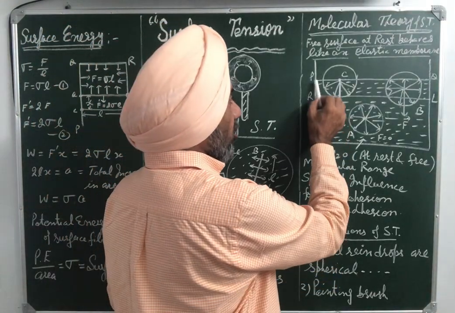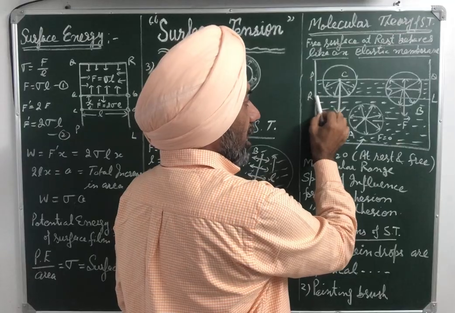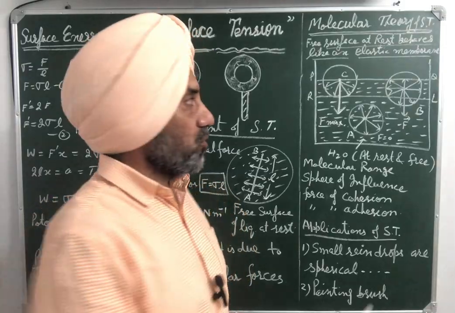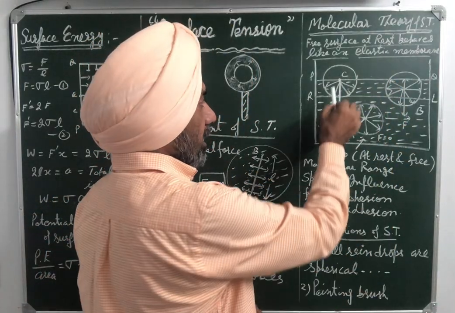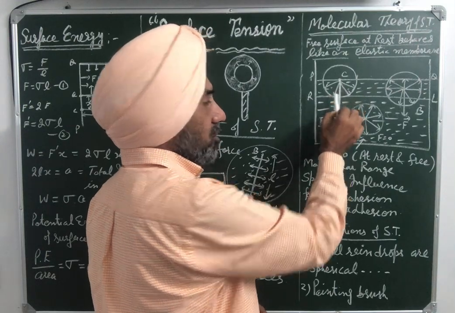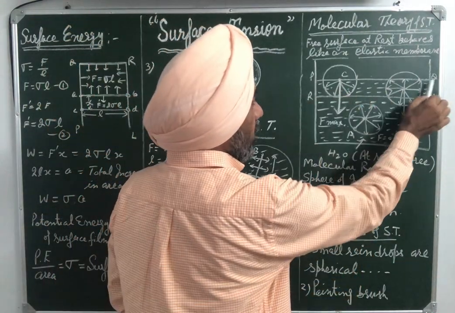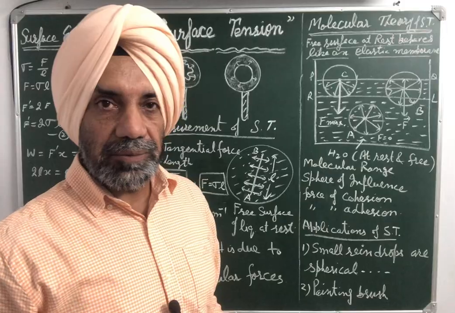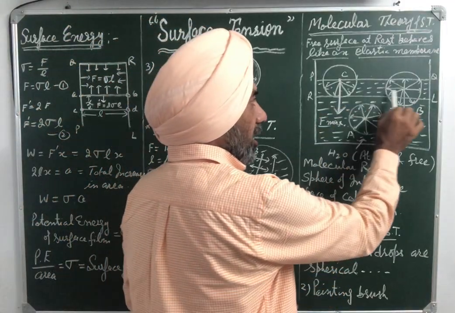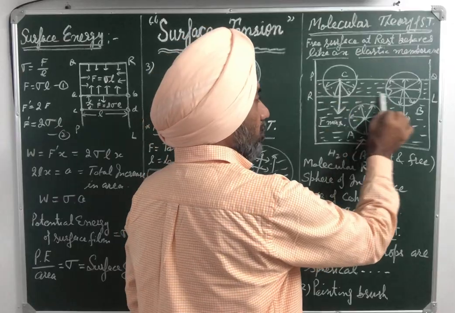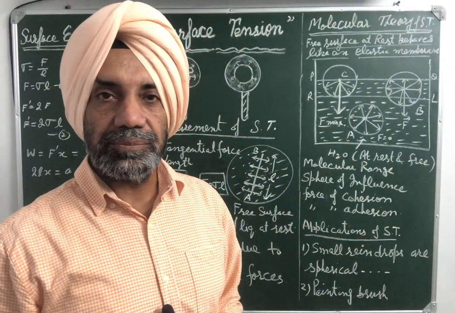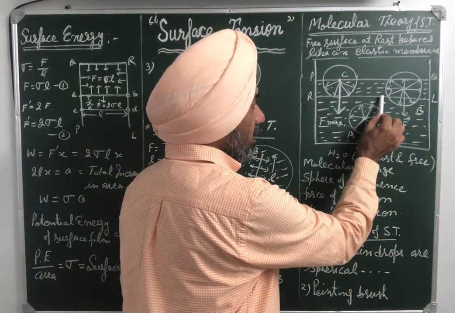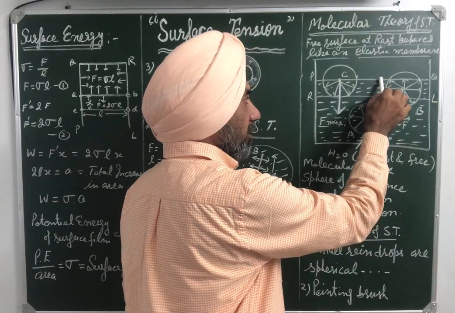So if we draw a plane RL parallel to the PQ surface, which is free and at rest, at a distance equal to molecular range, that is, the distance between PQ and RL is equal to molecular range, it is very clear that all the molecules lying between PQ and RL will experience a net downward force, and this force increases as we move up and becomes maximum at the top.